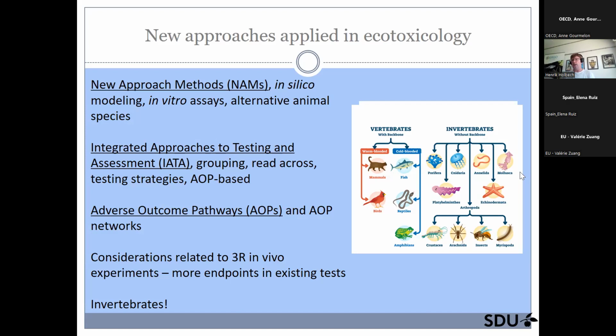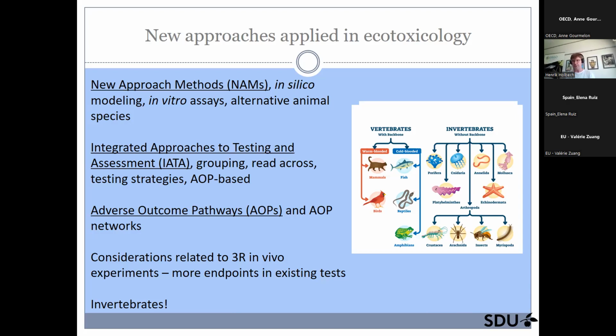So therefore, we are going to implement a number of new approaches. One of them is the NAMs, new approach methods, covering in silico and in vitro assays, and also alternative animal species than the normally used. Then we have the IATA, integrated approaches to testing and assessment, where we try to do chemical grouping and read-across, defining testing strategies, and they are very often related to the AOPs, the adverse outcome pathways, and also the AOP networks.